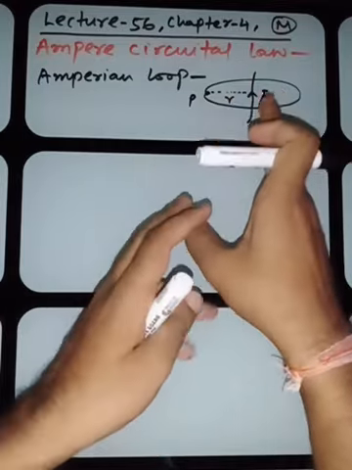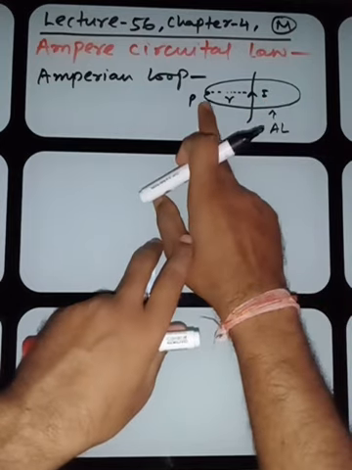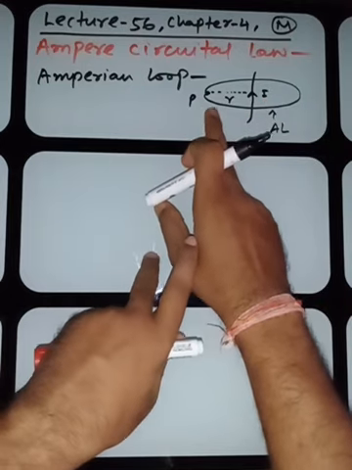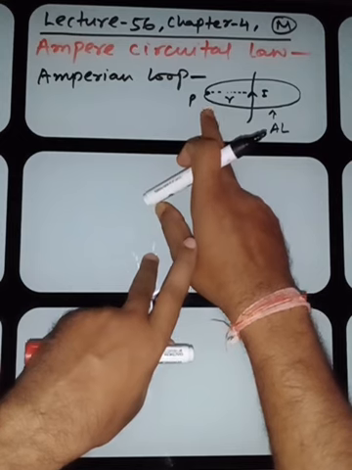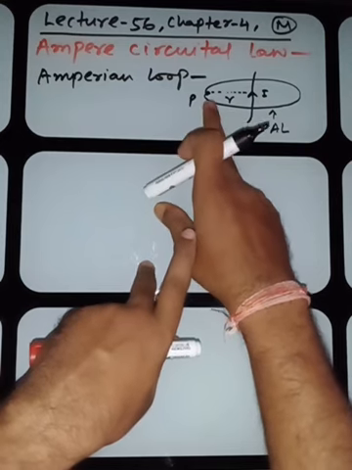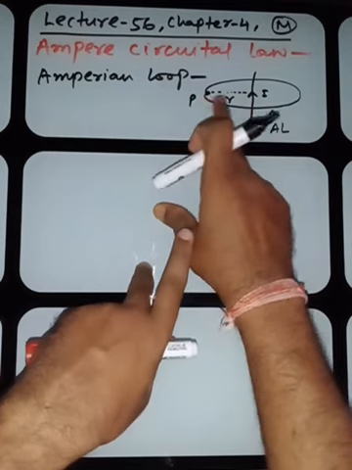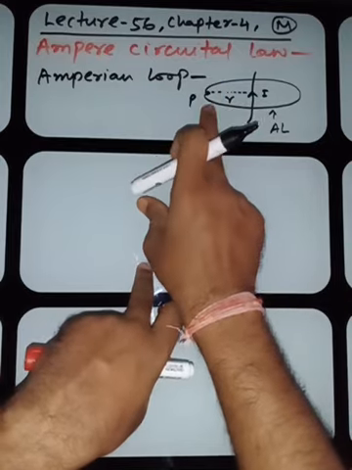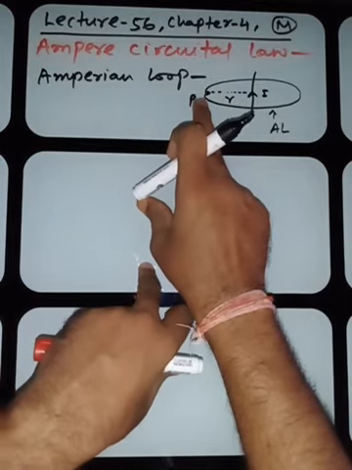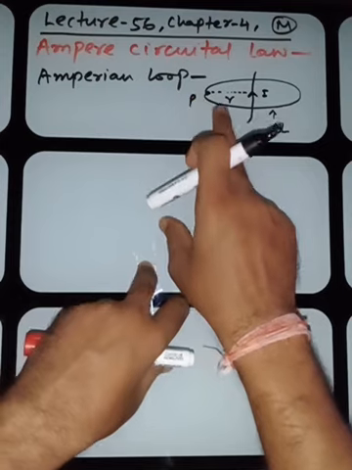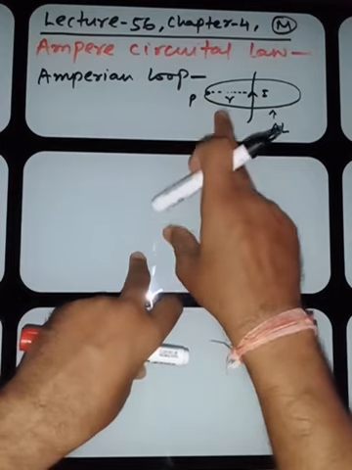The second point: the magnetic field must be considered on the Amperian loop. You have made the Amperian loop of radius r this way, and you are going to calculate the magnetic field over here only.